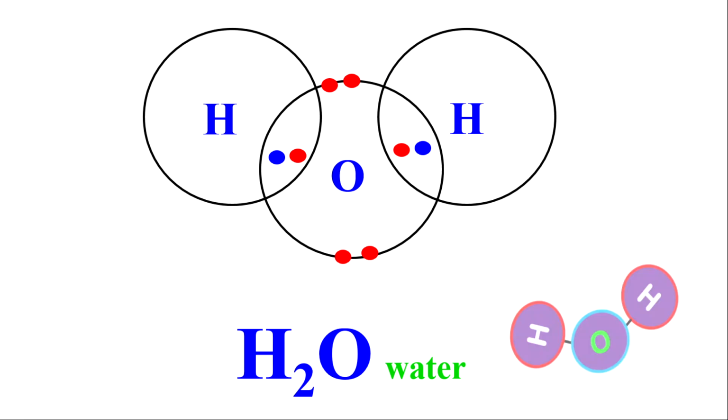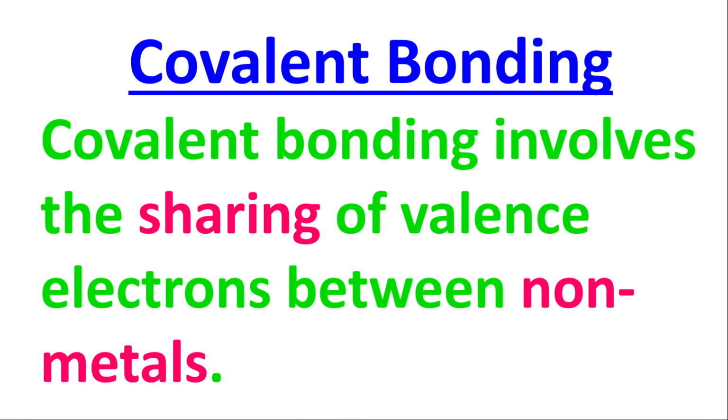Before I get into the examples, I'm going to remind you what covalent bonding is. Then I'm going to outline 3 things you need to know to do this type of bonding. Covalent bonding involves the sharing of valence electrons between non-metals.